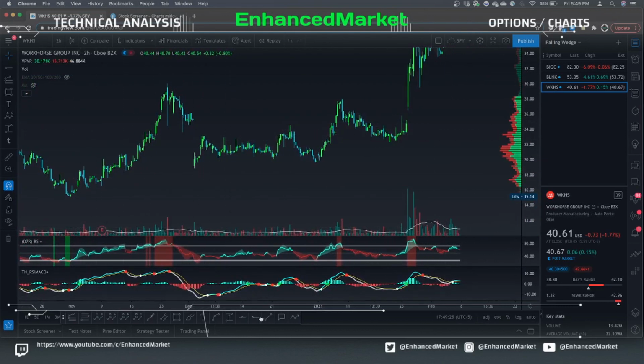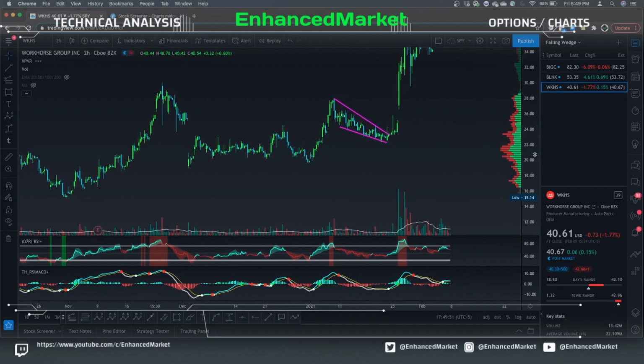Now, let me take my lines, and I'll draw for you guys. As you can see, beautiful falling wedge. Let me fix that for you. I have the magnet on still. Take a look at that.